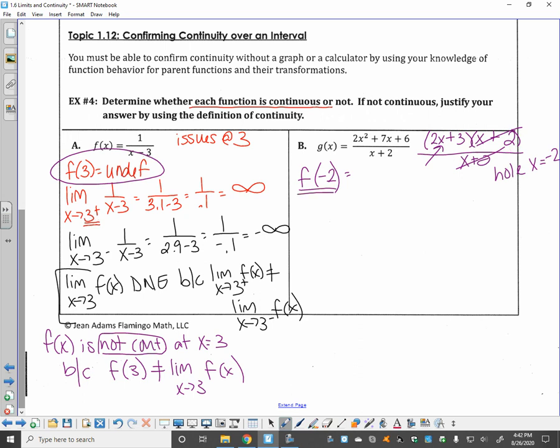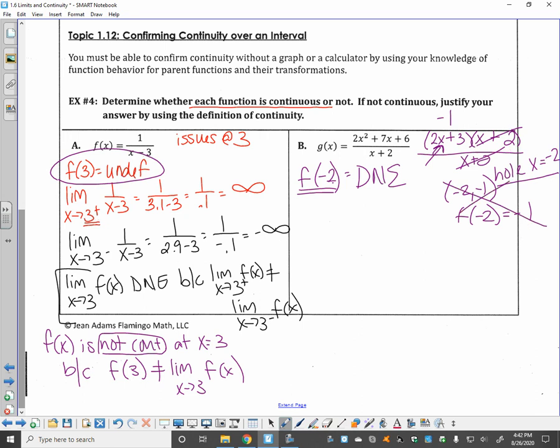I'm asking, where is the function at -2? Well, it doesn't exist. There's a hole there. Plugging the -2 into here and getting -4 plus 3, a -1, tells me that I have a hole at (-2, -1). It does not say that f of -2 equals -1. Make sure you know the difference.